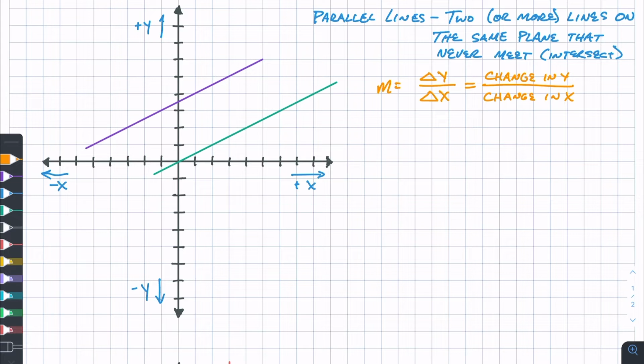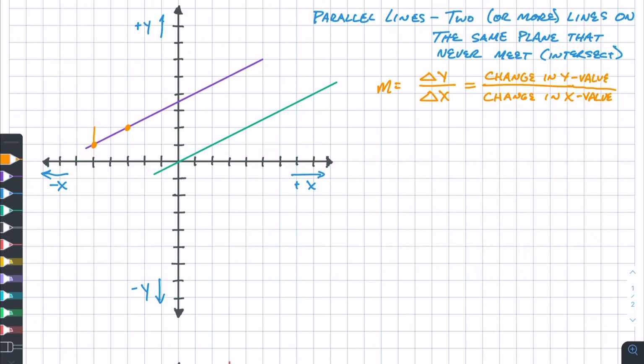And when I say the change in y, I really mean the change in the y value and the change in the x value. So let's be just a little bit more specific there. If I want to find the change in the purple line, I can start at one point and go to another point. Those two look like they're crossing right at intersections.